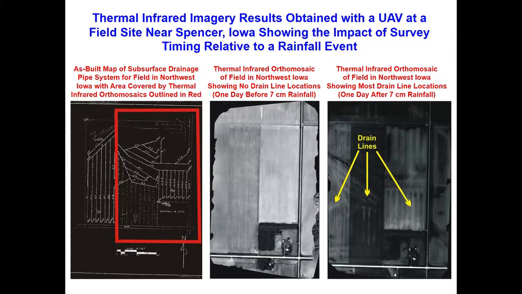Right here, this is our as-built drainage pipe map, and outlined in red is the area that we surveyed with our drones, again using both the visible and the multispectral, with the 4 bandwidths, green, red edge, near infrared, and also the thermal infrared imagery. You can see in this thermal infrared imagery, there's nothing there that really shows up in terms of pipes. You can't see much of anything.